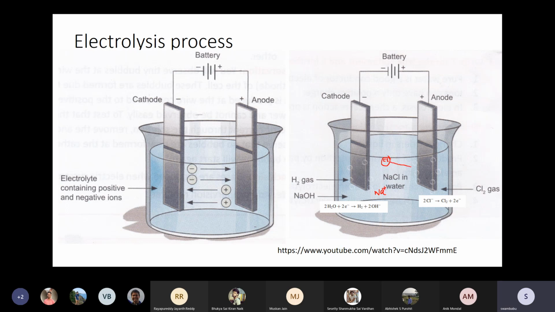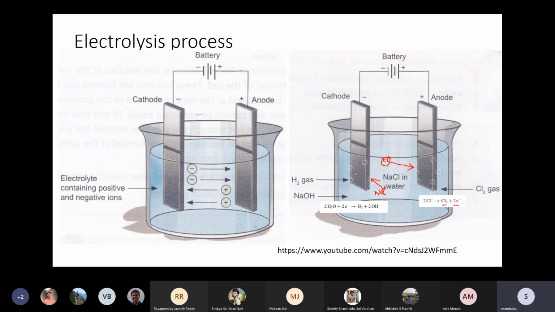Cl minus ions migrate towards the anode, and Na plus ions tend to migrate towards the cathode. The chloride ions undergo an oxidation reaction. Two chloride ions join together and form chlorine gas and release electrons. Whatever electrons are released will be transported towards the cathode.